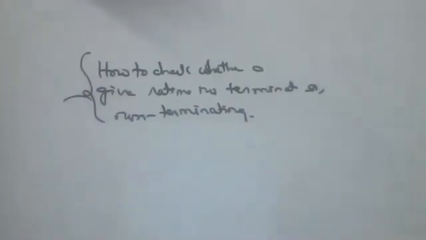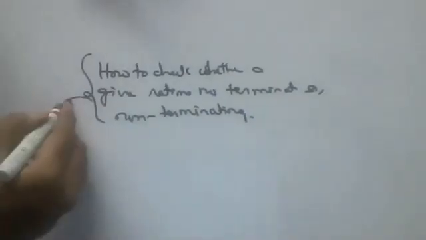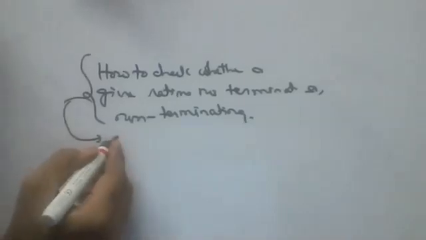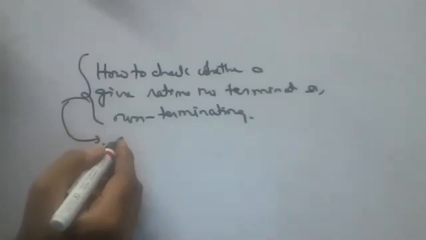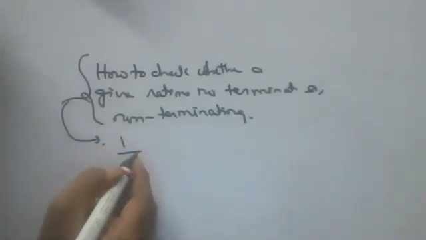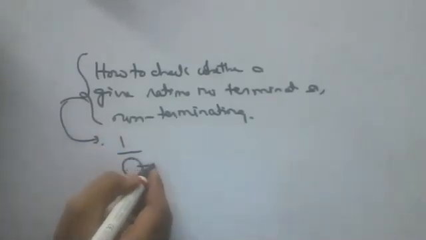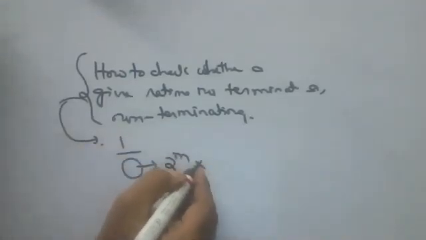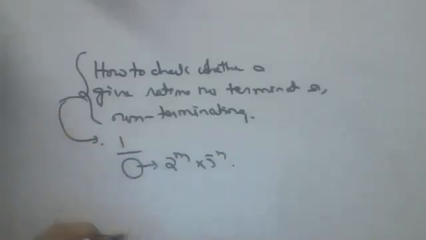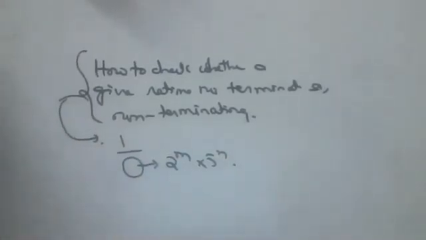According to Euclid's algorithm, a number is terminating if its denominator's prime factorization is in the form of 2 to the power of m and 5 to the power of n. What does it mean? Don't worry.